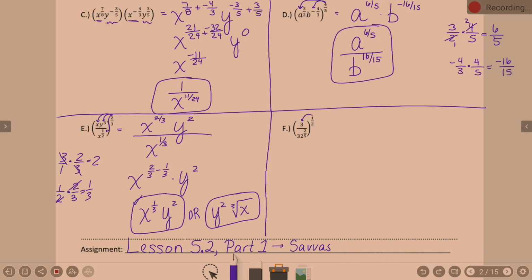The 1/2 goes with the 3, and the 1/2 goes with the 32 to the 2/5 on the bottom. So, on top, we're going to have 3 to the 1/2. On bottom, 32 to the what?